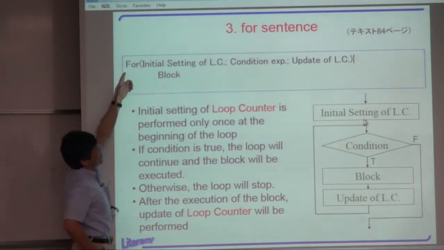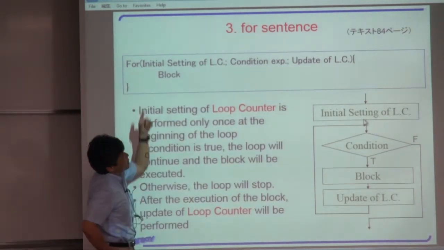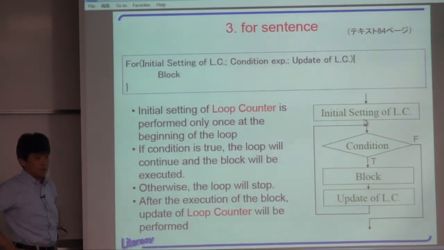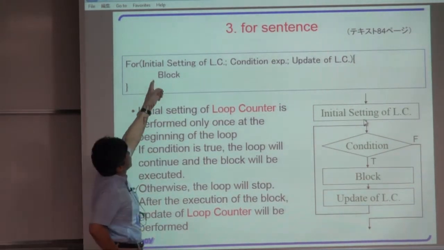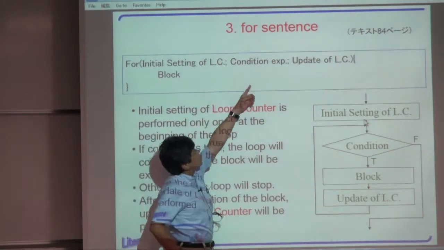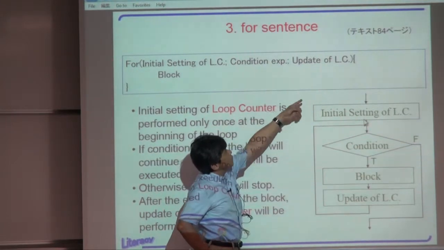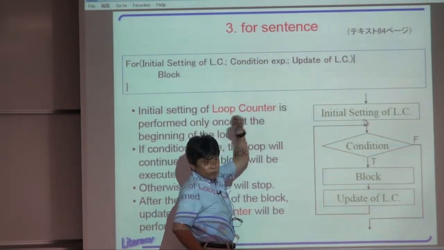Okay, this is a mistake. The for sentence has three arguments. The first argument is the initial setting of the loop counter, the second part is a condition expression, and the third part is the update of the loop counter.